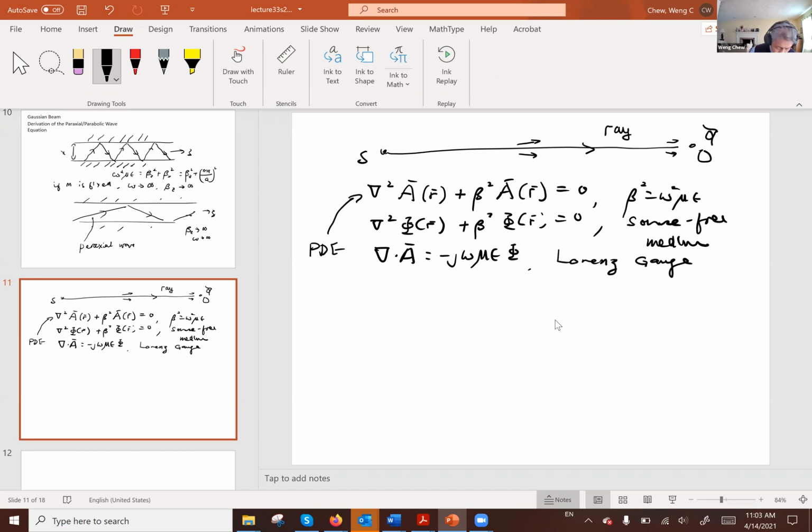Okay, so I'm going to assume something like this and say that, because of the paraxial approximation, the vector potential A is predominantly a slowly varying part multiplying a rapidly varying part.